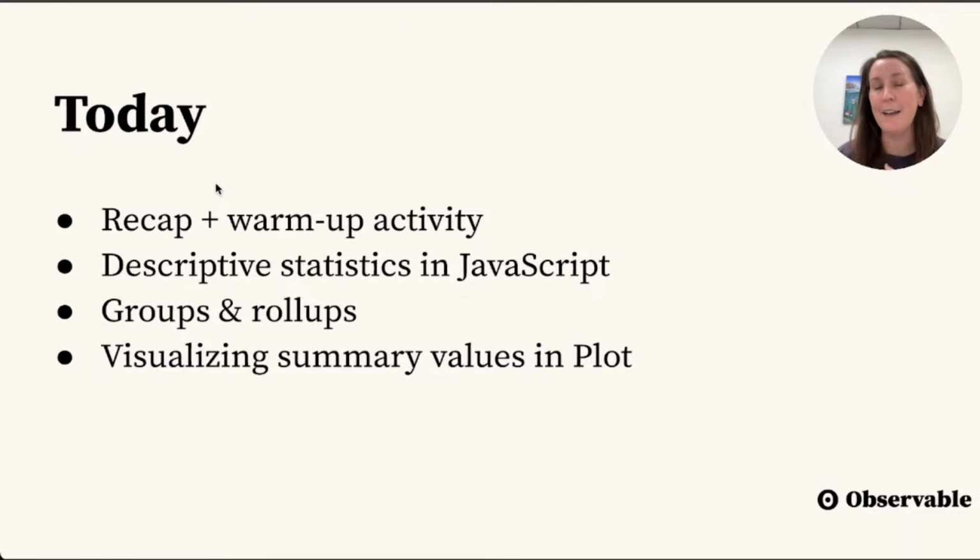Then we're going to hop right into new stuff, which will be finding descriptive statistics like means and medians and counts of things and sums using methods from D3. And then we're going to do that by group. So instead of for a single array, be able to identify groups within a property or a variable and then find summary statistics by group.